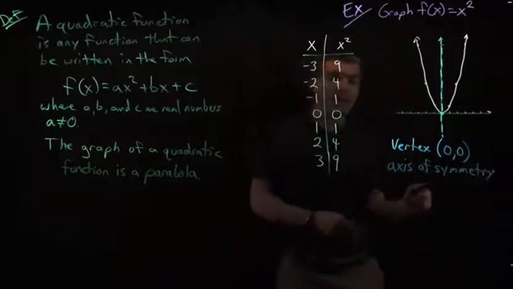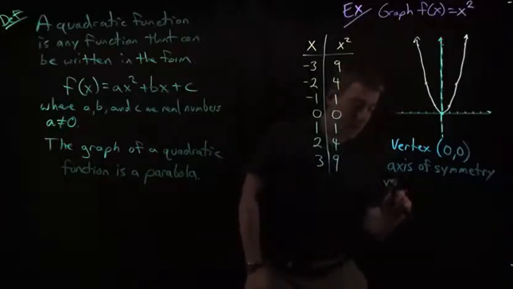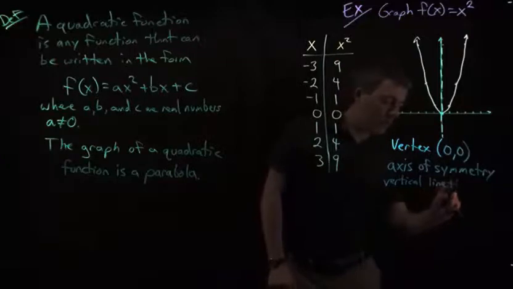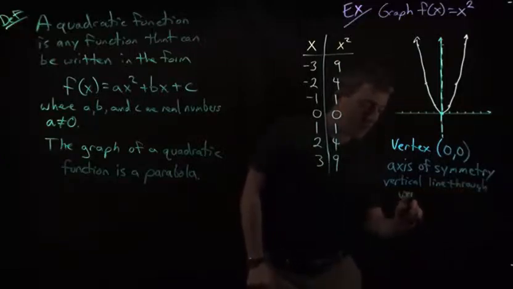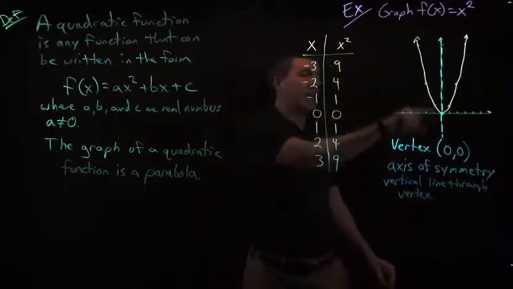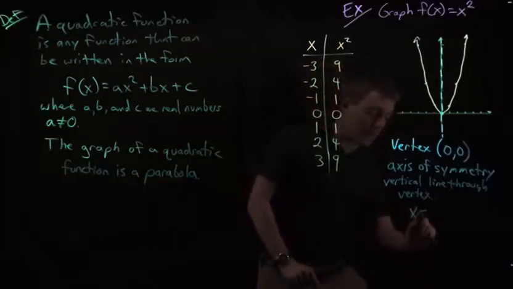And you can always find it as the vertical line through the vertex. In this case, the axis of symmetry is the line x equals 0.